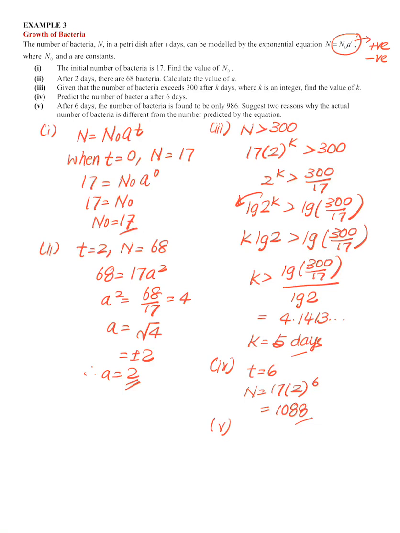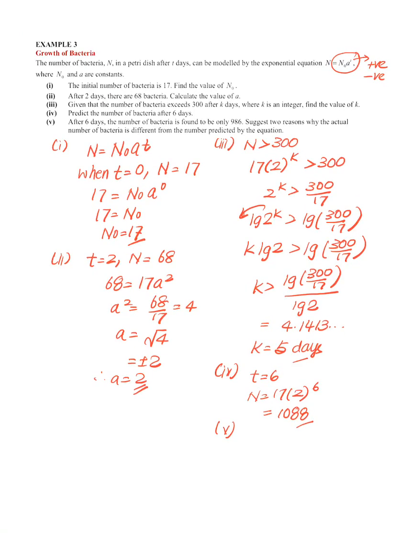Give 2 reasons why the actual number of bacteria is different from the number predicted by the equation. One reason could be that there is an error in the data collection.